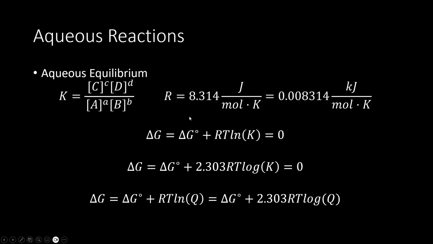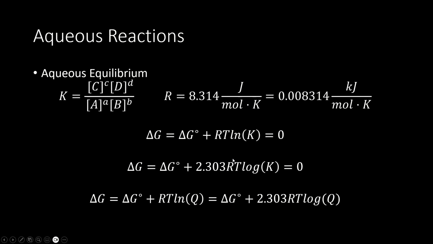Here's how we can relate free energy change to our thermodynamic equilibrium constant. Free energy change equals the standard free energy change plus the product of RT natural log of K. If in this value right here we're plugging in K, then all this always equals 0. Because if we're at equilibrium and we're using our equilibrium constant, delta G of our reaction equals 0.